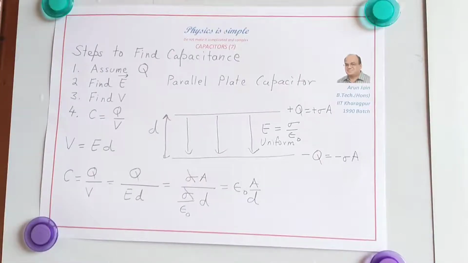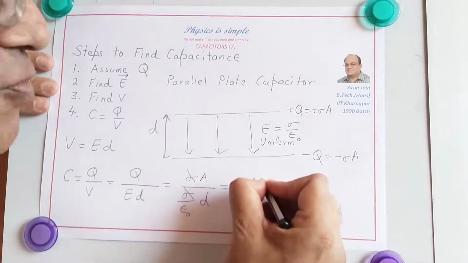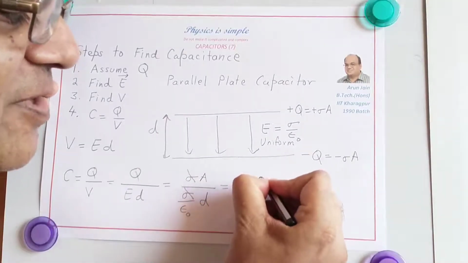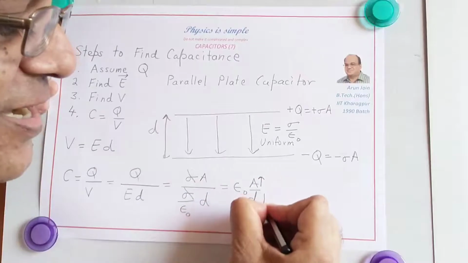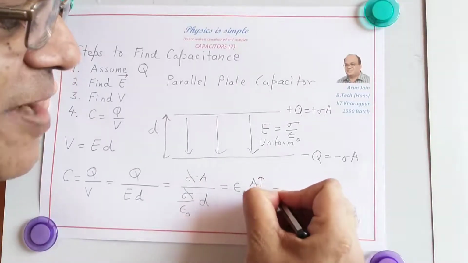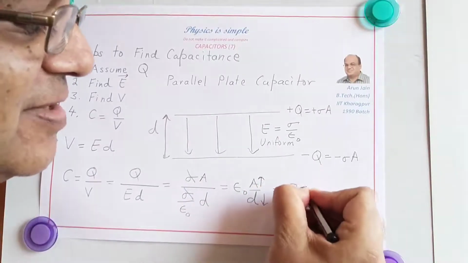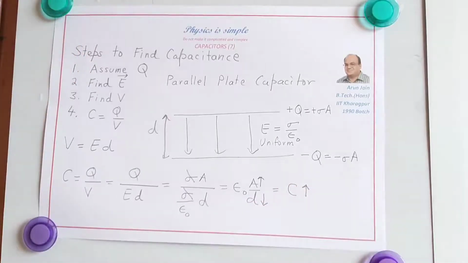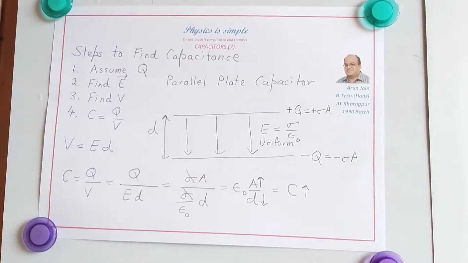Now, if you want to build a capacitor with large capacitance, we have to increase A, the area of the plates, and we have to decrease d. Then capacitance will increase. Now capacitors that we get in the market typically look small, but actually inside them the area of the plates is very large.